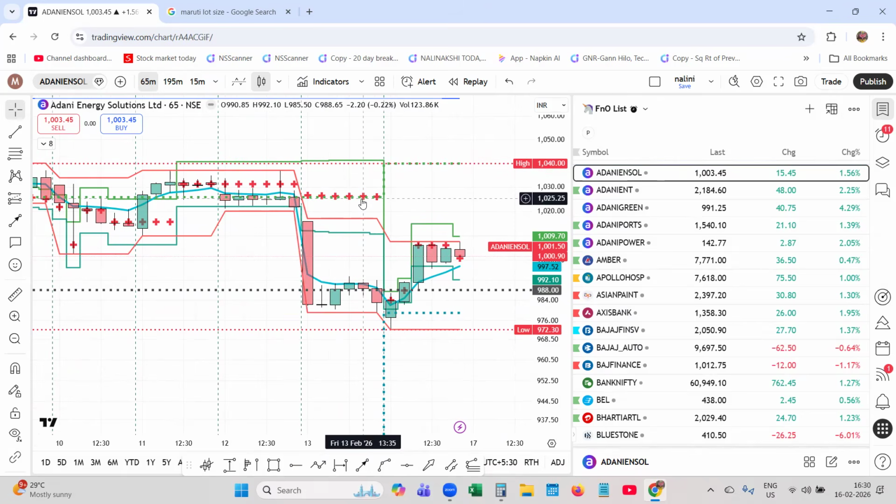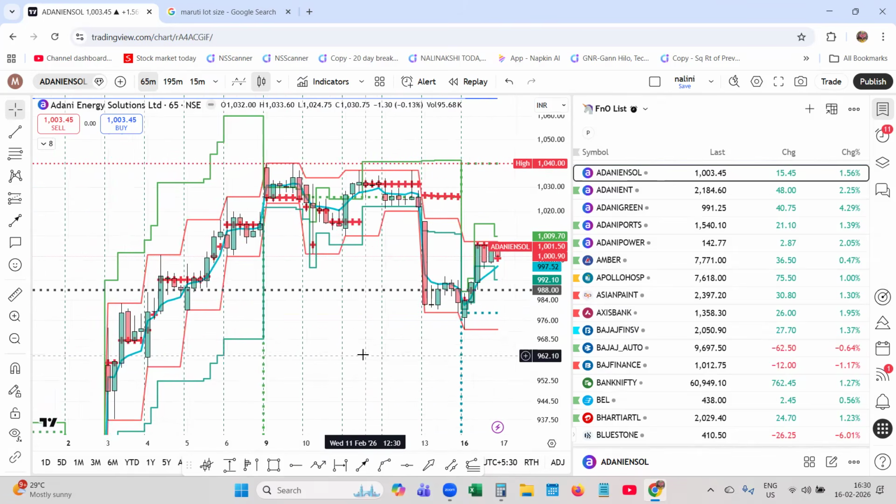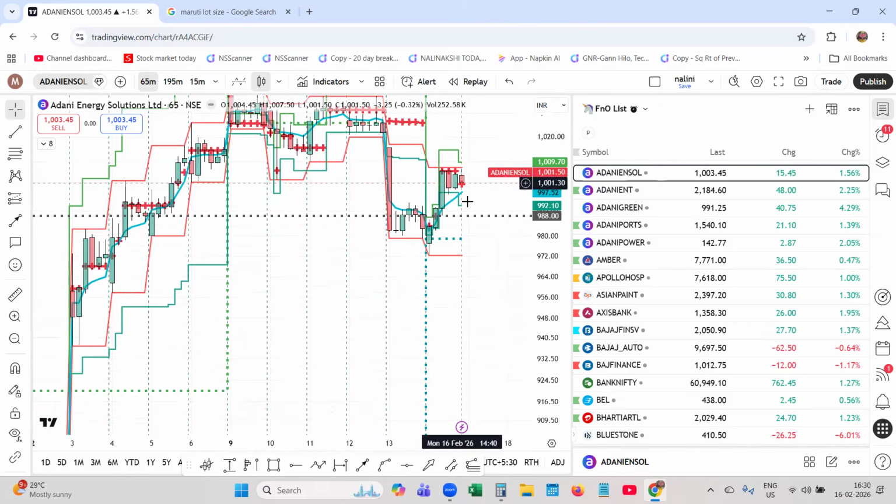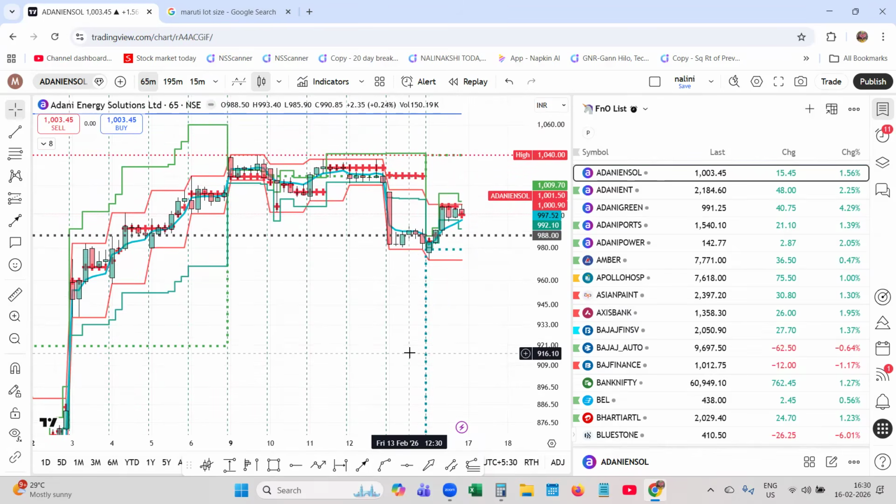And it has been rejected, but the point of control is descending. So there is more downside to go in Adani Energy Solution. This is the previous weekly high from where it has rallied 1, 2, 3, 4, 5, near the previous month high.